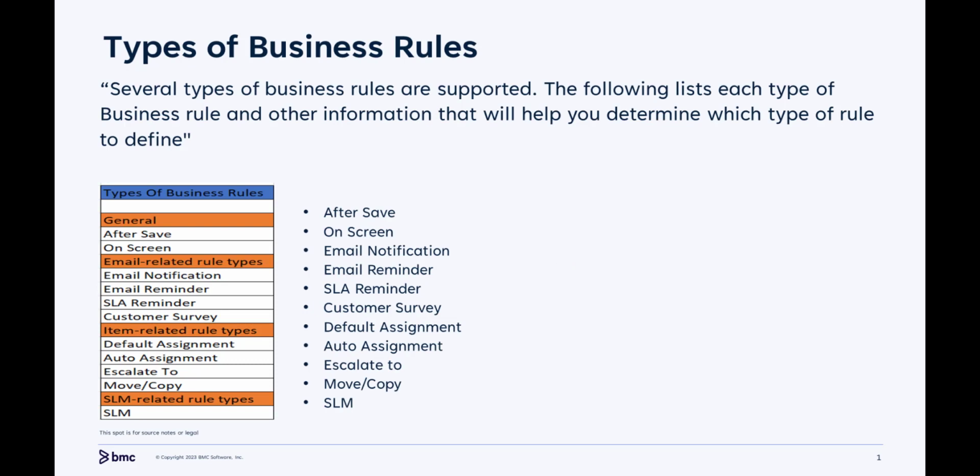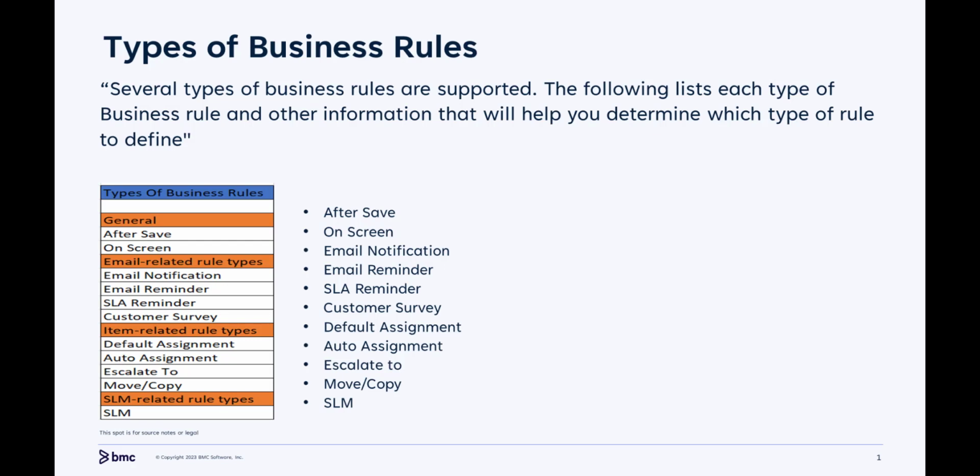There are several types of business rule supported in footprints application. The following list of each type of business rule. Let's start with the after save business rule type. This type of business rule is used that you applied after saved record or either during the creation or when edited later. On-screen record type, this type is used for any rule that you want to apply immediately when record appears on user screen.